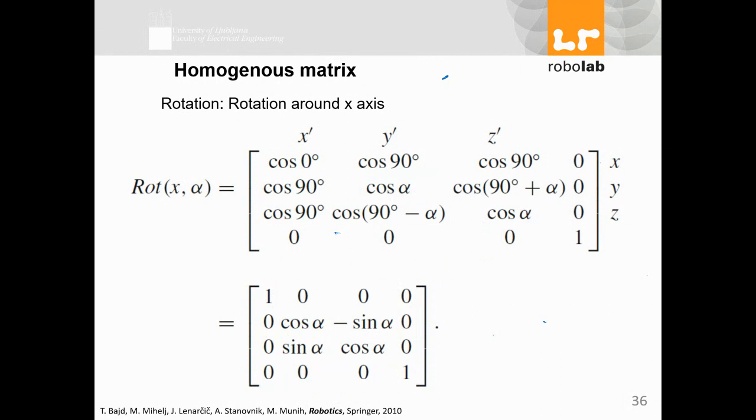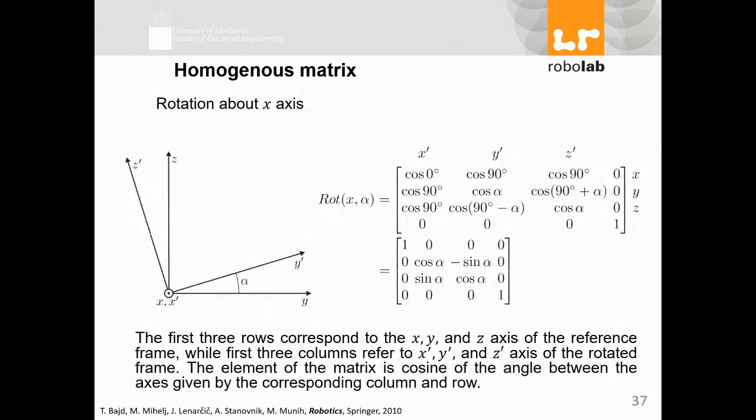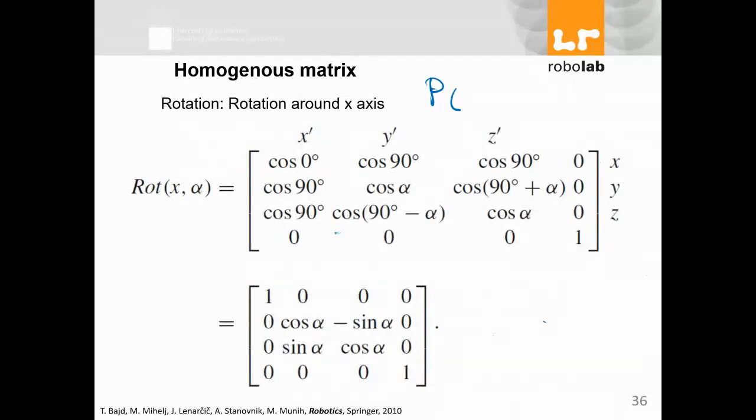Okay. Now, if I ask you, if I tell you that in my three-dimensional space, I have a point P located at 2, 3, 5, and I'm rotating around the x-axis for 45 degrees clockwise.